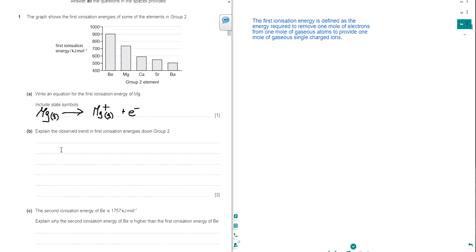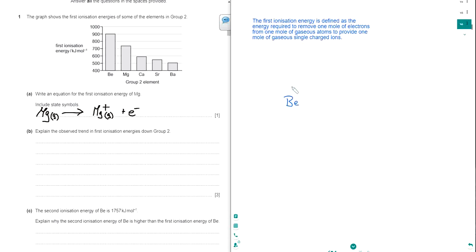Explain the observed trend in first ionization energies down group 2. So as we already said in the graph, we can see that the first ionization energies are decreasing. So why is that? For that we should have a look at the structure of the atoms of group 2, and draw 2 maybe. So we have beryllium.